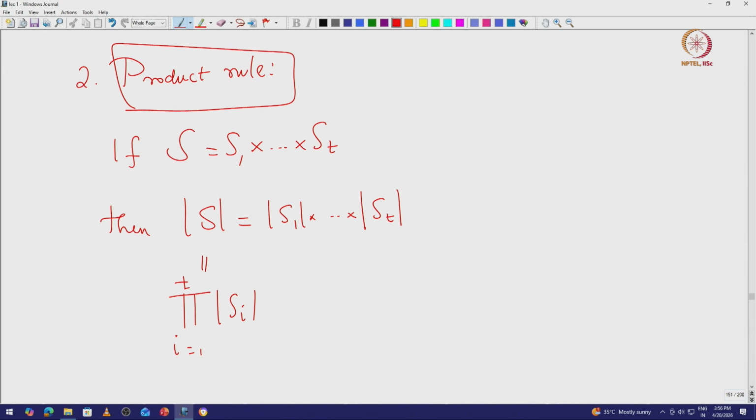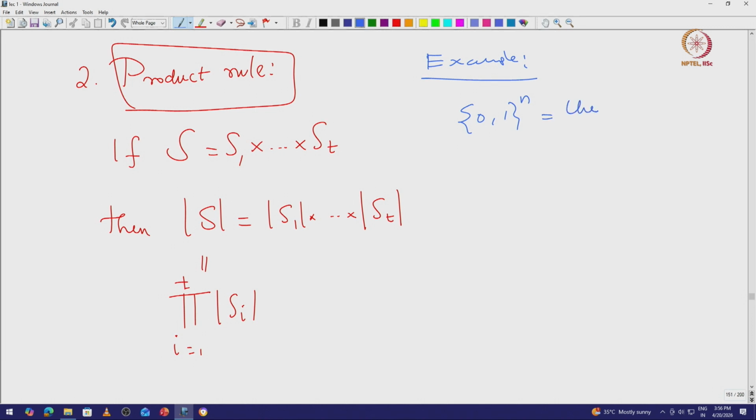This can be verified using induction, because it follows from the fact that the cardinality of A cross B is the same as the cardinality of A times the cardinality of B, which I left before as an exercise. Now, as an example, consider all possible n-words over {0, 1}, which is given by the Cartesian product {0, 1} to the power n.